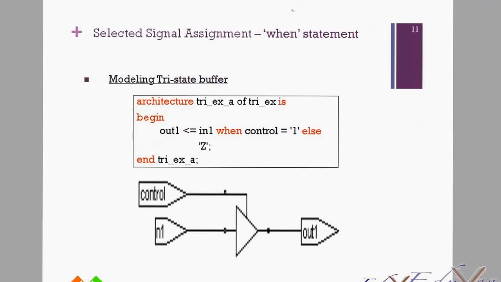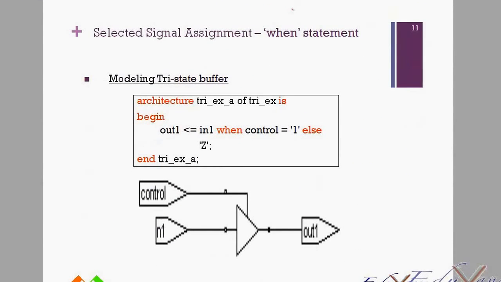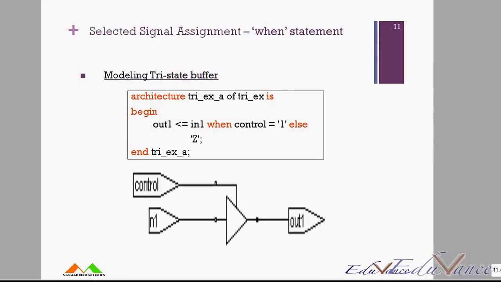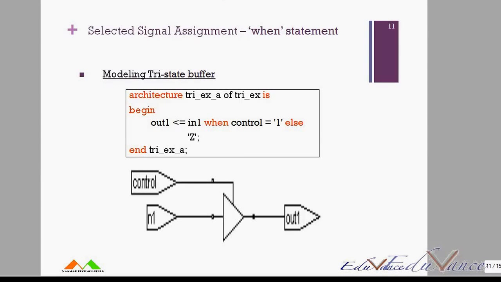Let's look at another example. Say I want to model a tri-state buffer. A tri-state buffer is basically 3 states: if my control is 1, then my output is equal to input.